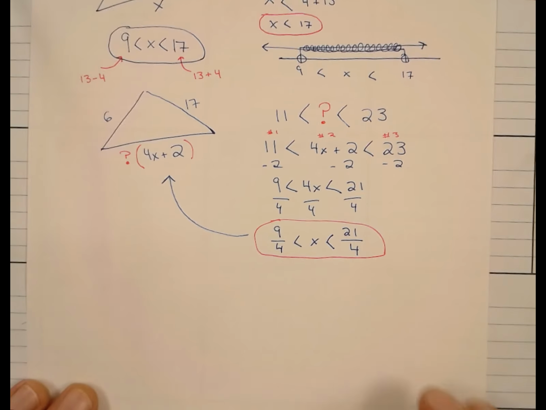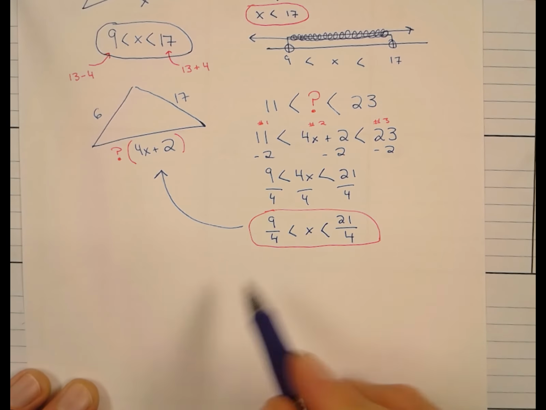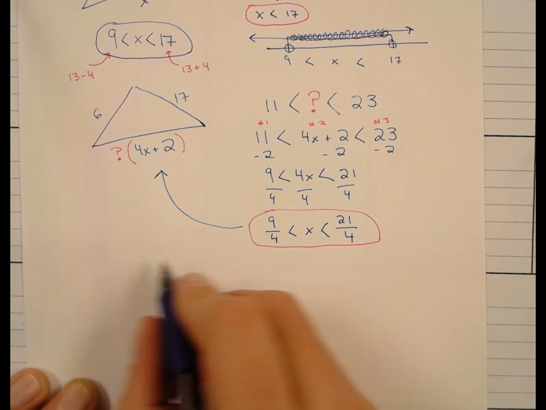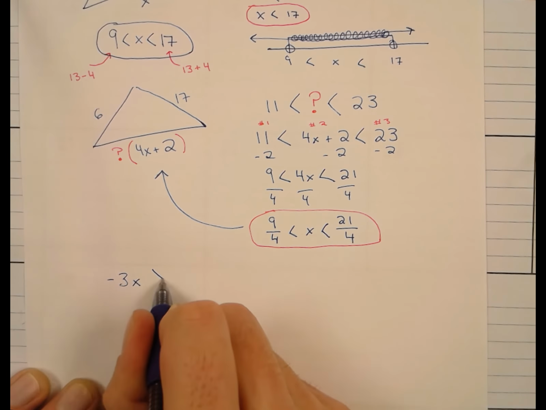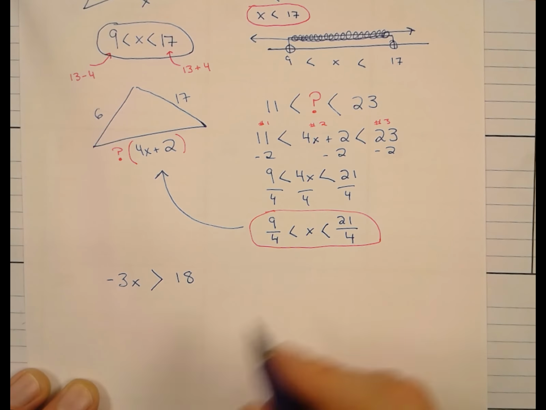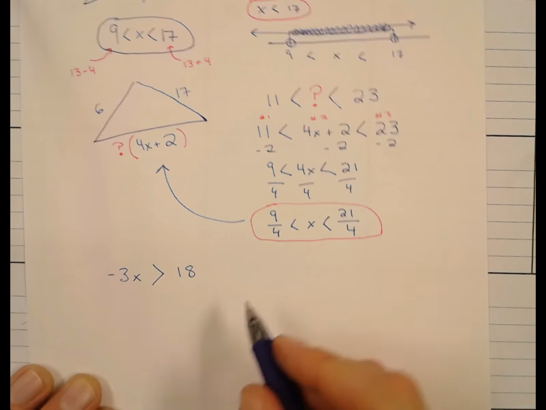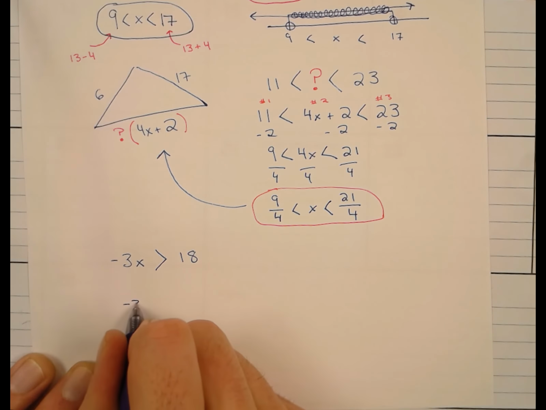So the last thing I want to talk about in this video is reversing the direction of the inequality. If you have an inequality where you have to divide by a negative, if you divide or multiply by a negative, the inequality changes direction.